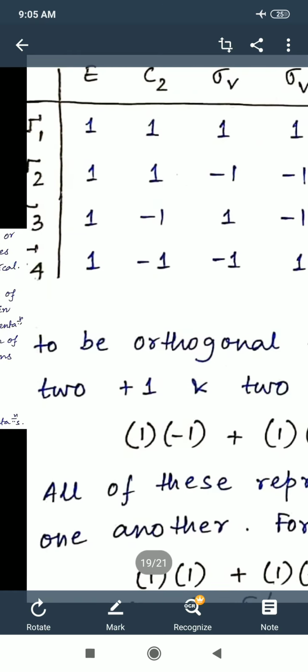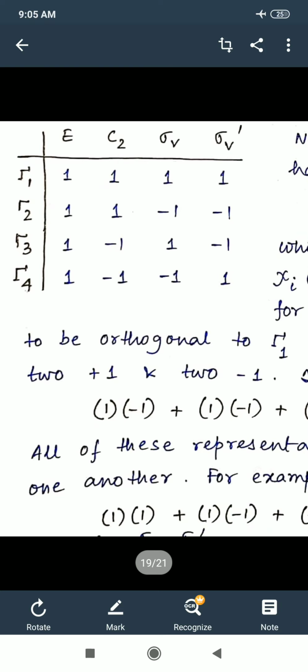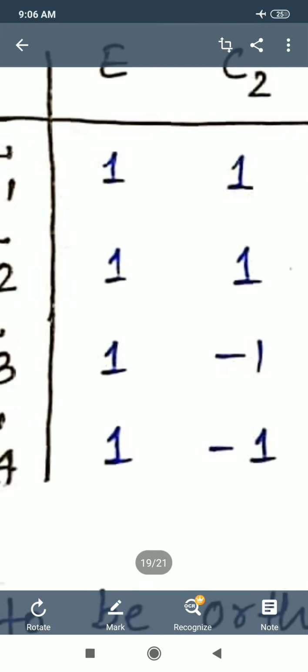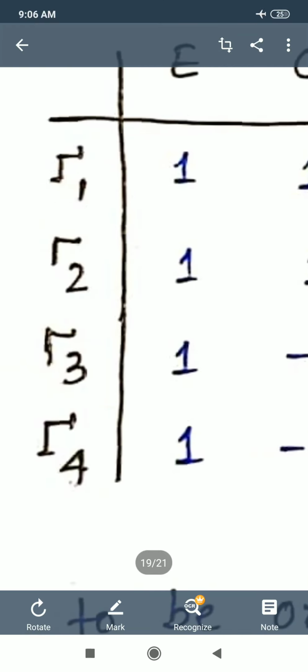I had written here our main character table for the C2V point group. You can check the E portion: with respect to Bethe notation 1 to 4, all the values are 1. That is mainly derived from rules number 1 and 2, both.